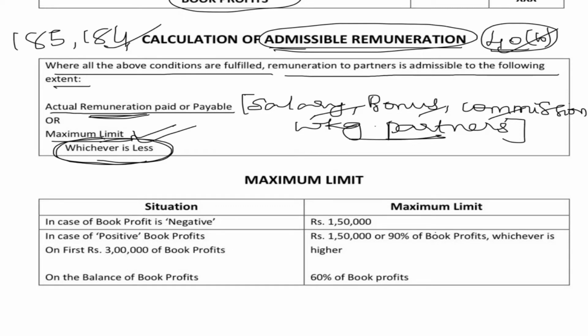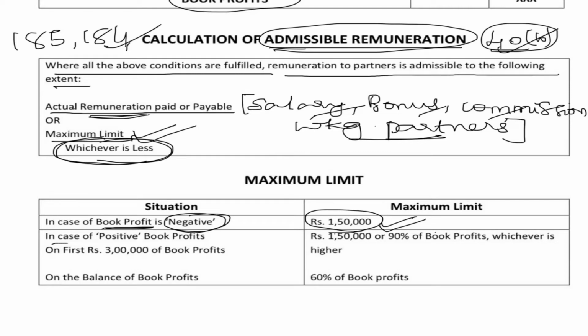Now, what is this maximum limit? In case the book profit is negative, that is, a book loss, then your maximum limit will always be 1,50,000. I repeat, if the profit shows a negative balance, that is book loss, the maximum limit is always 1,50,000.